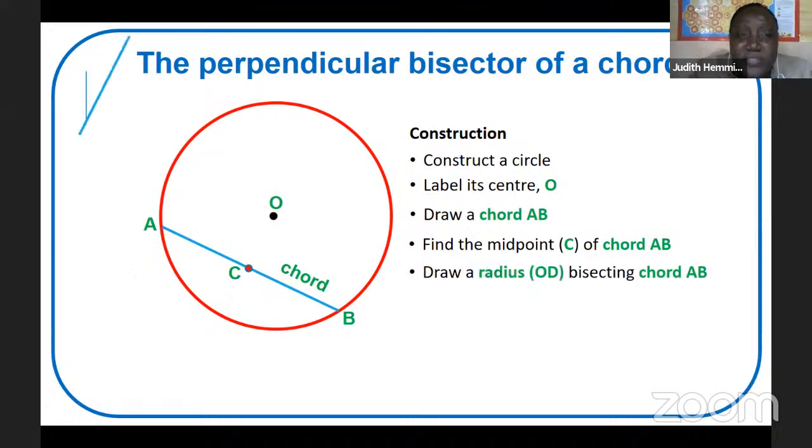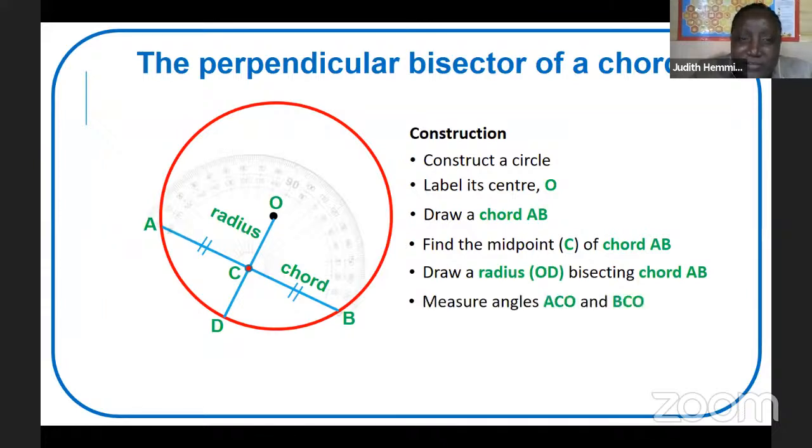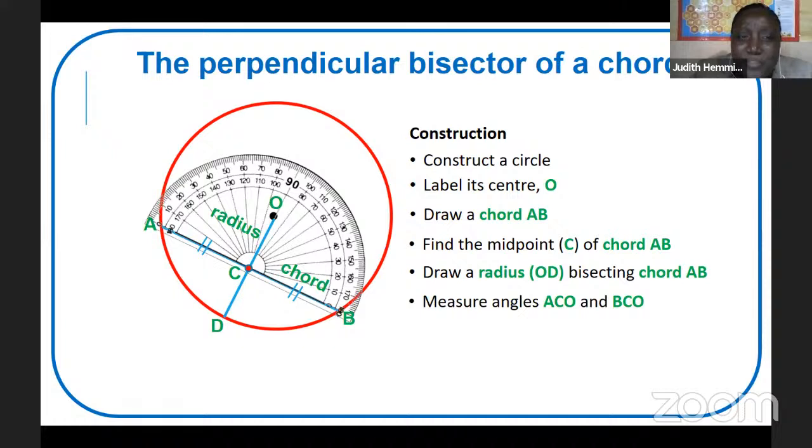Then we are going to construct the radius OD to intersect the chord at its midpoint. What do you think is going to happen when that occurs? What is it that you observe? We're going to measure those two angles, but even before I show the measurement, what do you think the size of those angles are going to be?